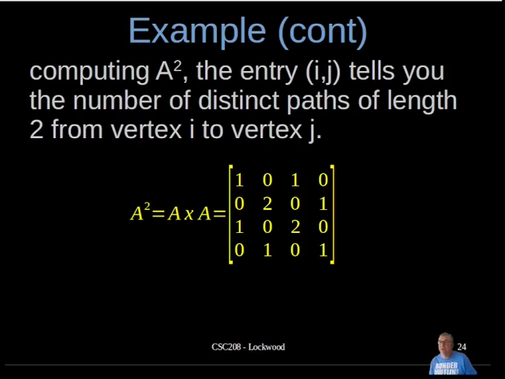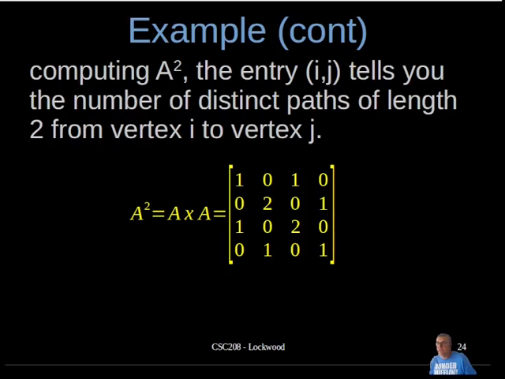So, for example, if we compute A squared, which we remember from our matrix lecture is the product of A and A, so we do a sum of the products of the corresponding rows and columns for each entry.